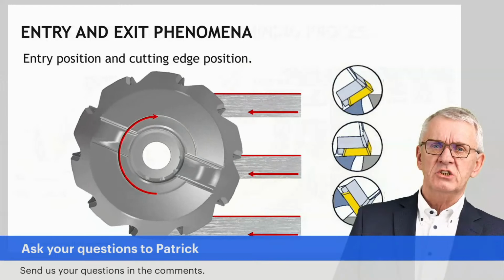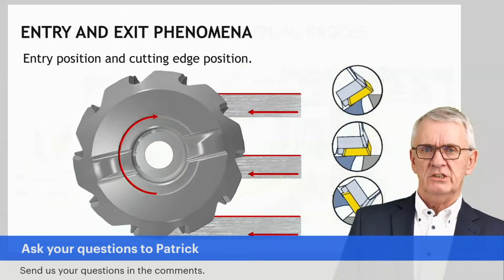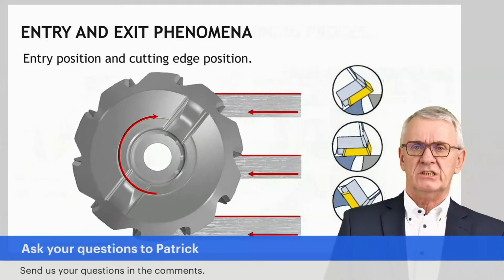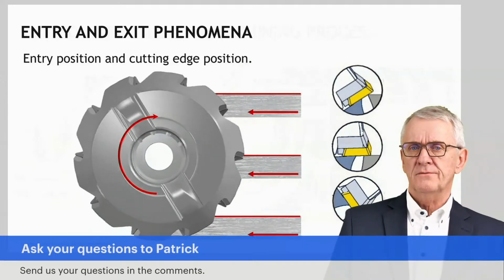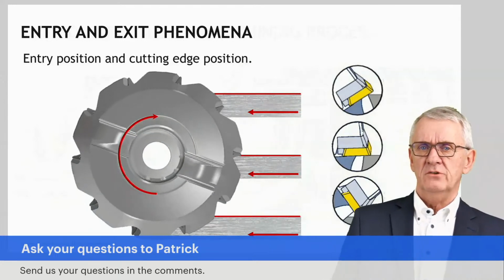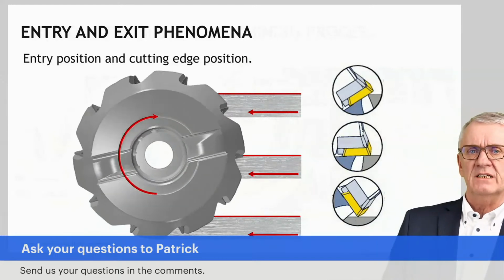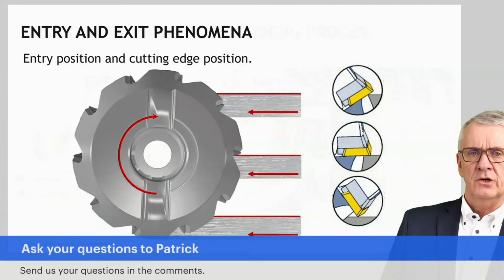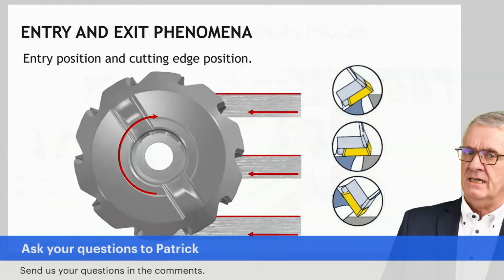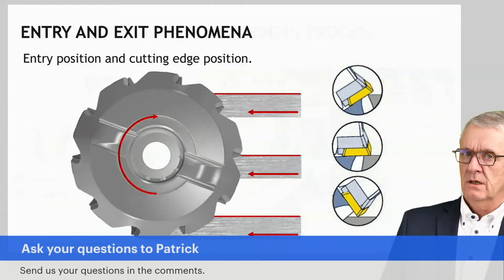I would say in general the worst situation is central milling, where the risk is that you have full impact. I hope the picture illustrates better than I can explain it. Full impact of the rake phase on a workpiece is not so favorable.